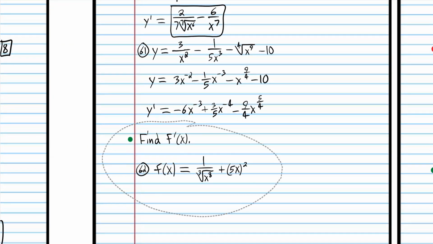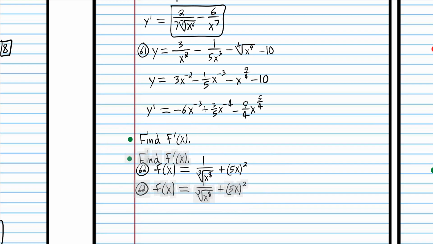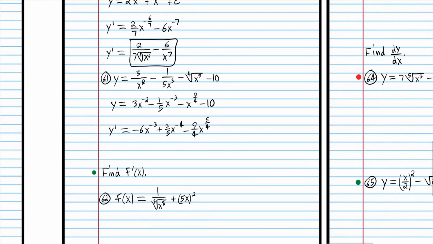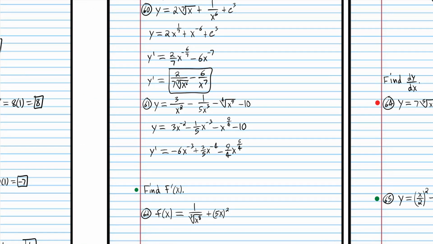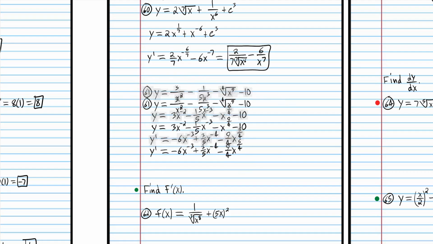So now all we have to do is write it in a recognizable form, and I think we're going to have to write this off to the side to make more room. That's okay.